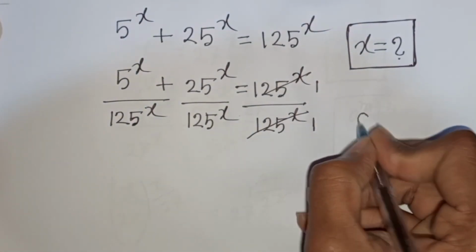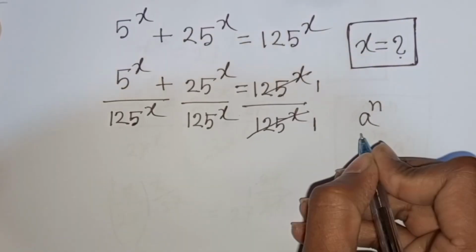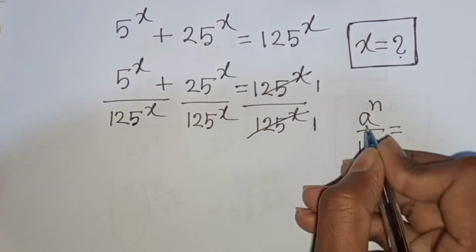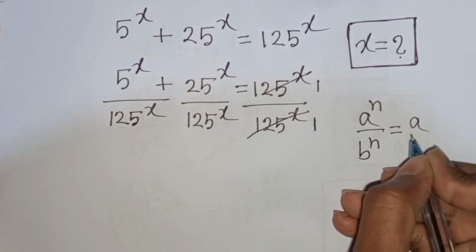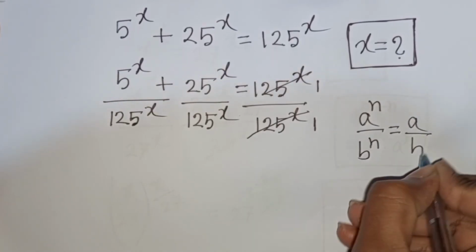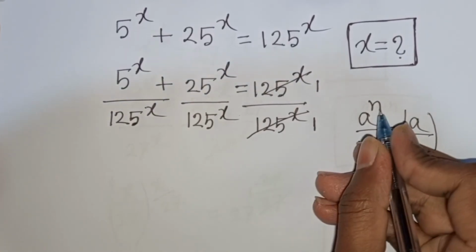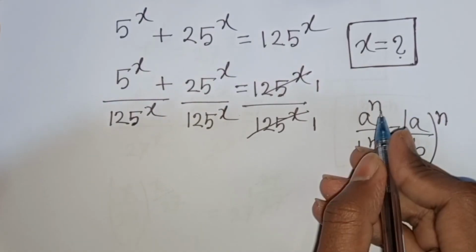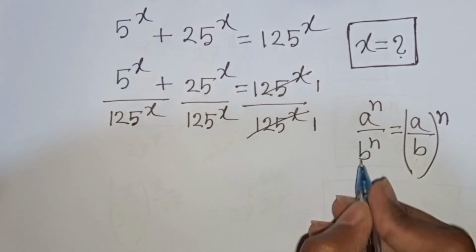So remember this formula: a power n over b power n is equal to a over b, then bracket common power n. That means n, same power but different base.